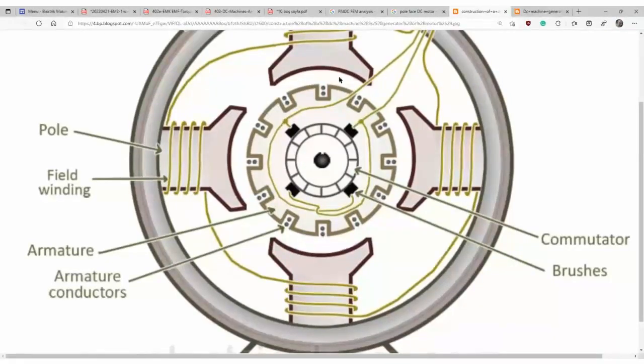Here are 4 poles: N pole, S pole, then no pole in between. This is the D axis, and this is the quadrature axis.